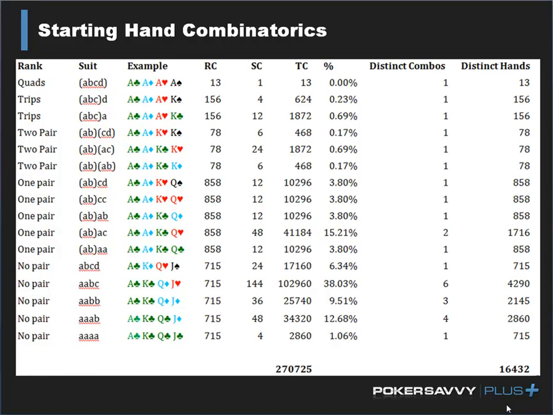Someone at Pro Poker Tools ran this starting hand algorithm and listed out percentiles, top 10%, top 20% hands. They have a methodology for it that's pretty interesting and good, I think, but the details aren't important. What is important is that the list of hands has 16,432 hands on it, in a different notation. It's basically one hand that represents each of these distinct hands listed over here.